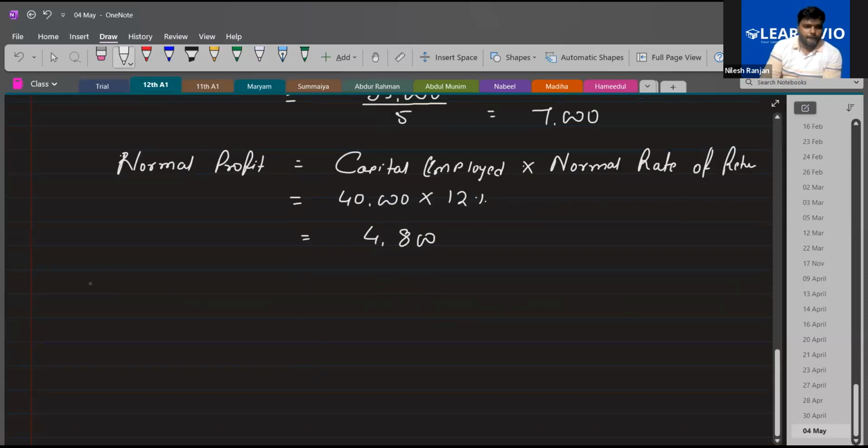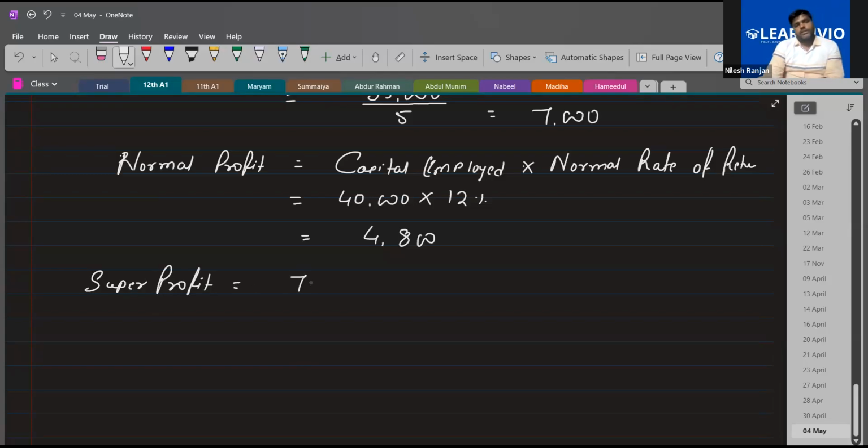Now, our super profit will be average profit minus normal profit.